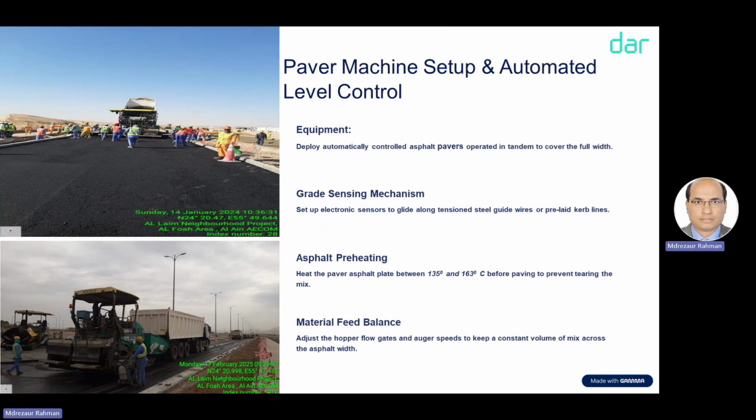What about ambient temperature now during the asphalt? Ambient temperature anytime, 13 degrees minimum. And maximum? There is no maximum. No, there is a maximum. What is the temperature of asphalt? 163. But for ambient temperature, I believe there is no mention.